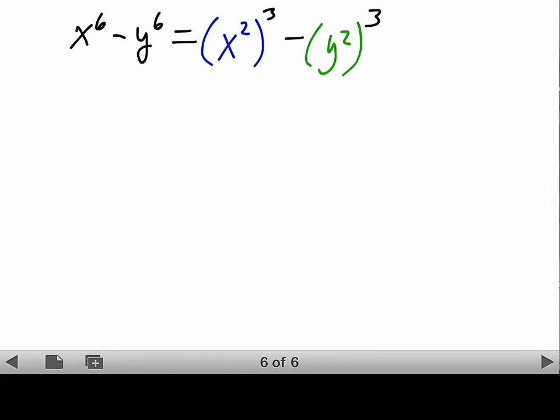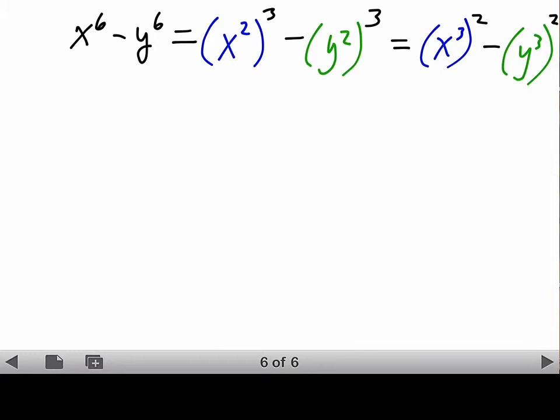I could also, though, think of this as a difference of squares by considering x cubed squared minus y cubed squared. So we're going to factor this, like I said, in two different ways.